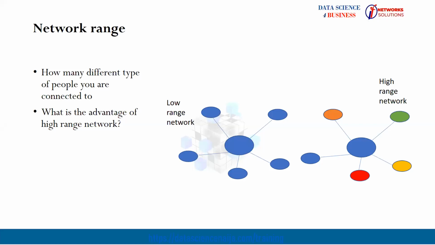Network range can tell you the ability of a particular individual to get information from a variety of sources. Like this person that has a high range network, you'll be able to get information from a variety of sources. So depending on the purpose at hand, we might want to say that this person's network is better than this one, and so on and so forth.